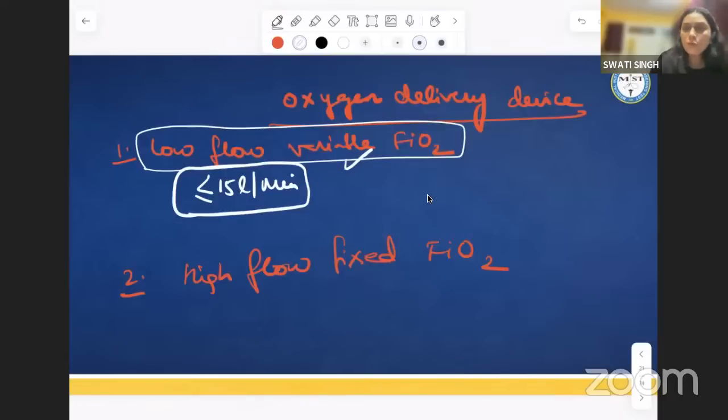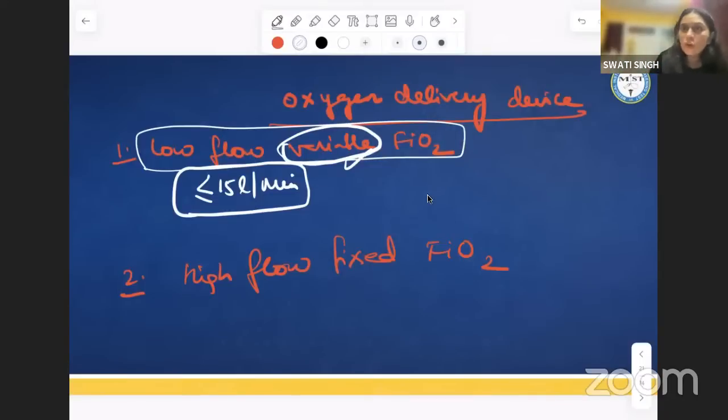And variable FiO2 means the FiO2 which it will give will vary from patient to patient. It may be 0.4 in you, it may become 0.2 in me. It depends upon the breathing pattern of the patient. So that is why we achieve something called variable FiO2. So these devices are not independent of the patient's breathing pattern.